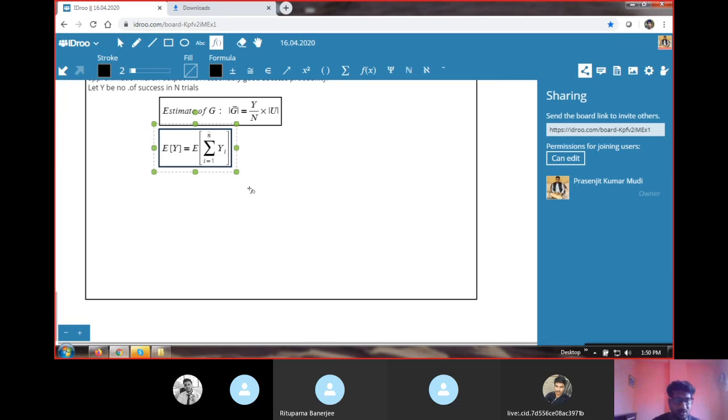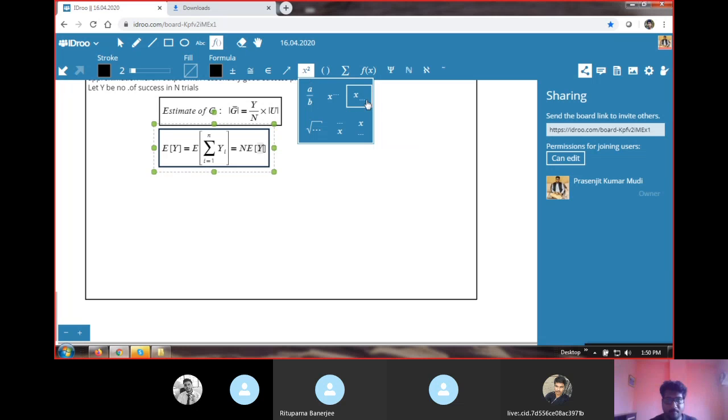Now yi will be either equal to 1 or 0. So in that case it is n times the expectation of yi.